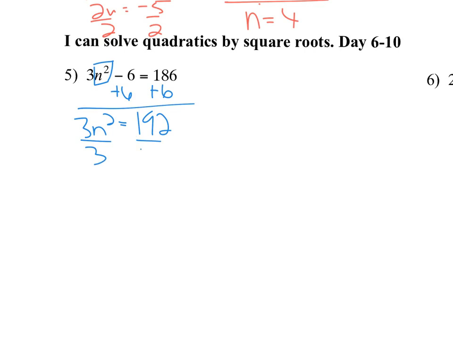Divide by 3. That gives us n squared equals 64. Now to get rid of our square, we take the square root. That cancels that out, and we get n equals the square root of 64, which is 8. And since we're solving, we get plus or minus 8.